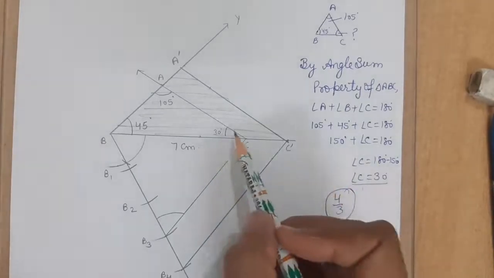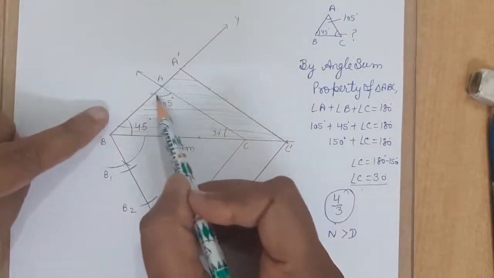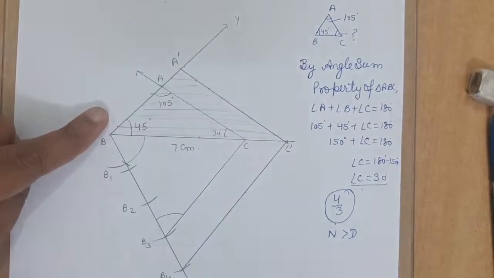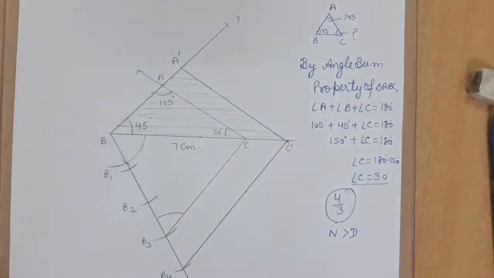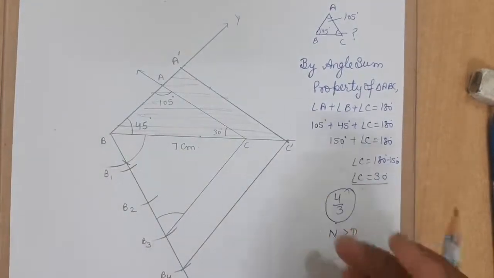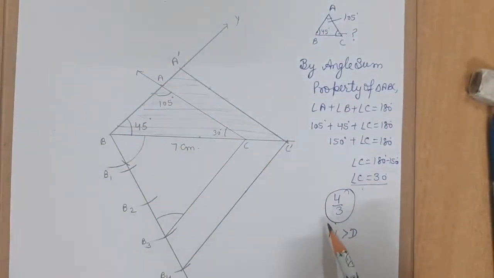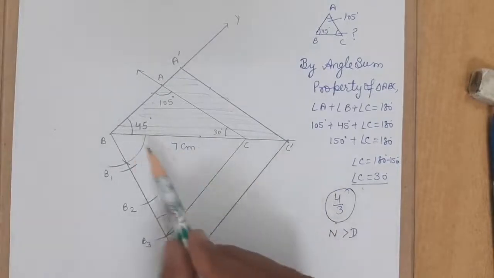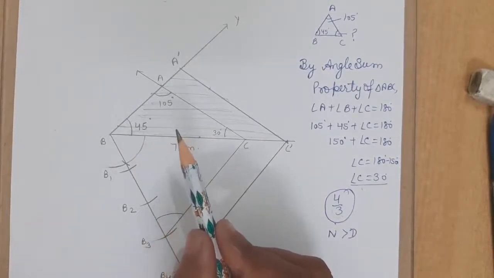Now automatically angle A will be of 105 degree. So this is the triangle ABC. Now we have to draw a triangle whose sides are 4 by 3 times the sides of triangle ABC. It means our required triangle will be in the exterior part of triangle ABC.